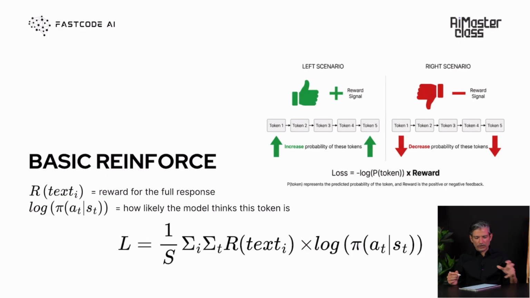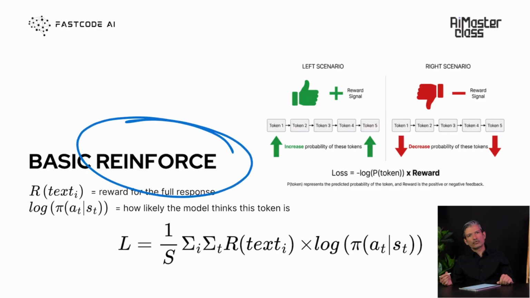And now we want to talk about a very old paper, REINFORCE. REINFORCE was one of the very first papers to talk about reinforcement learning. Let's talk first about the basic version of it. In the basic version, what are they saying?